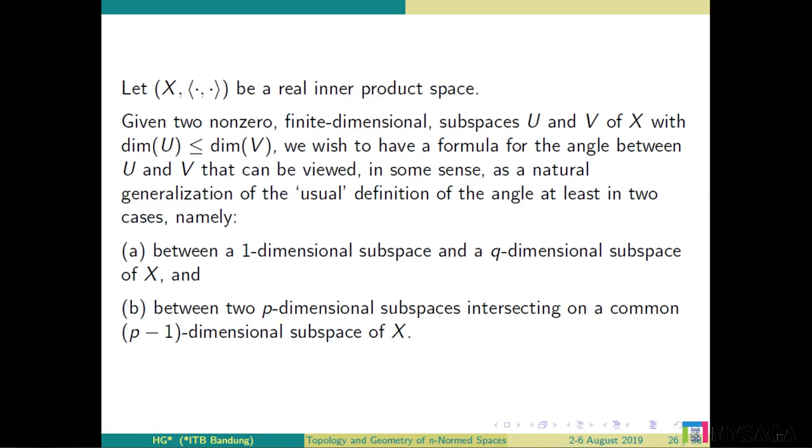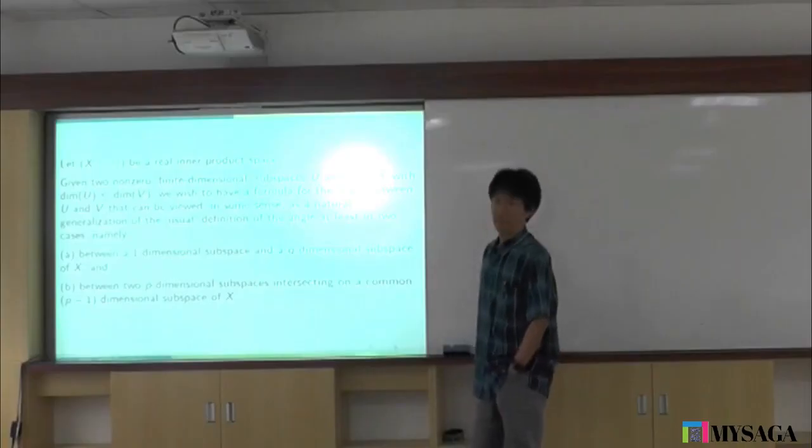So let X be a real inner product space, and U and V, with dimension of U less than or equal to dimension of V, are subspaces of X. So they are both finite dimensional, and we want to have a formula for the angle between them.